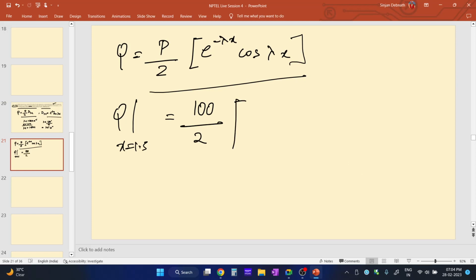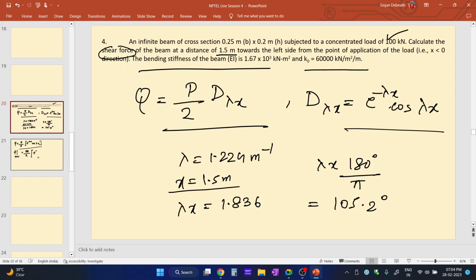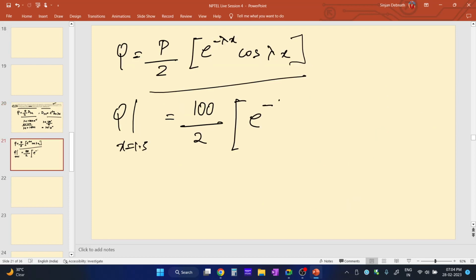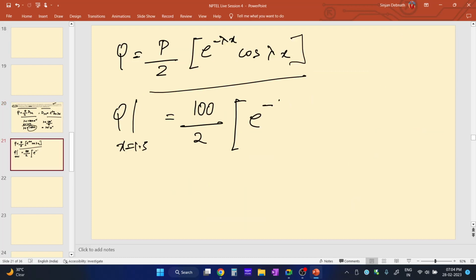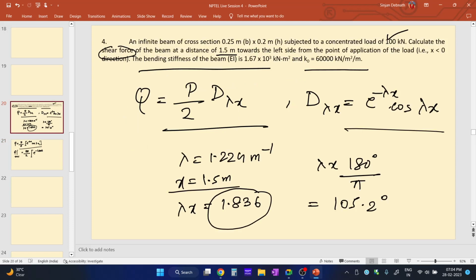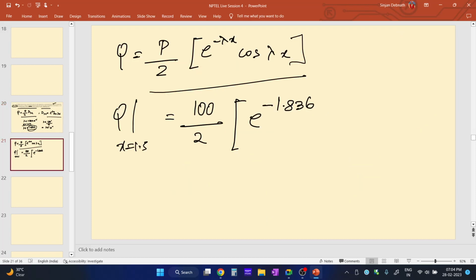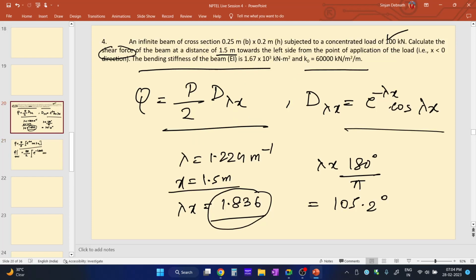So 100 by 2 into e to the power minus lambda, what is lambda? It's 1.224, into x. So lambda x is 1.836, just the number, in the exponent. Cosine terms are in terms of degrees. So what is lambda x in terms of degrees?